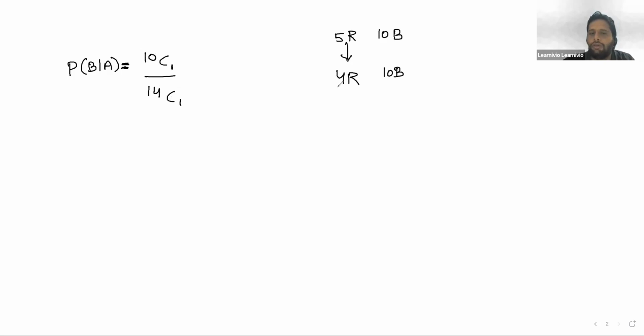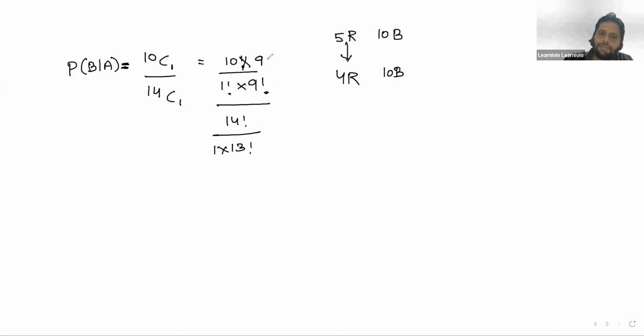Total remaining are 14, 10 plus 4, now it is 14. So this will give you 10 factorial by 1 factorial into 9 factorial, by 14 factorial by 1 into 13 factorial. This 10 can be written as 10 into 9 factorial, and that will cancel out. 14 into 13 factorial, this will also cancel out. So here you will get 10 by 14, which will give you 5 by 7.